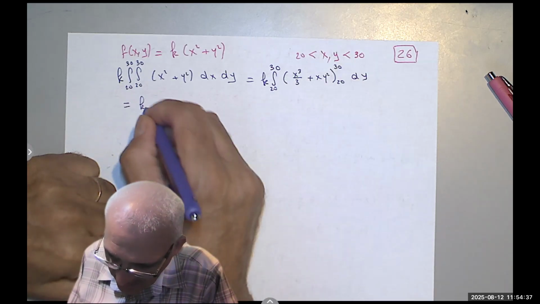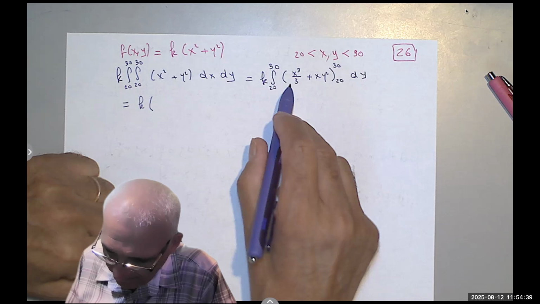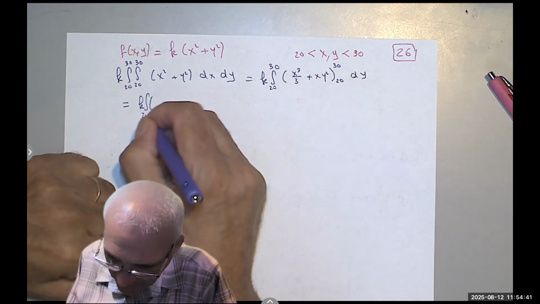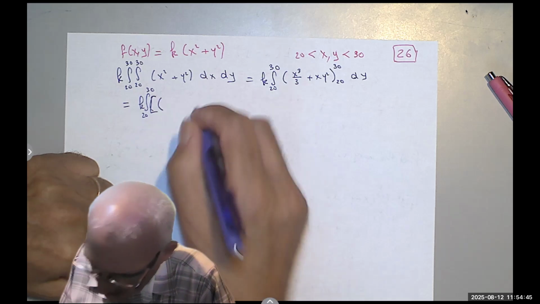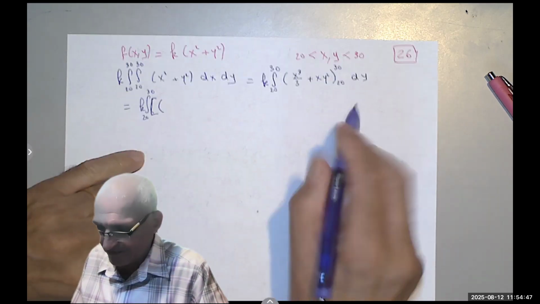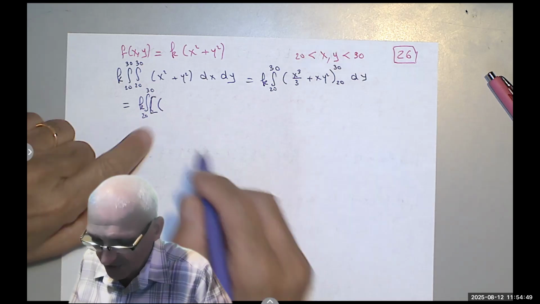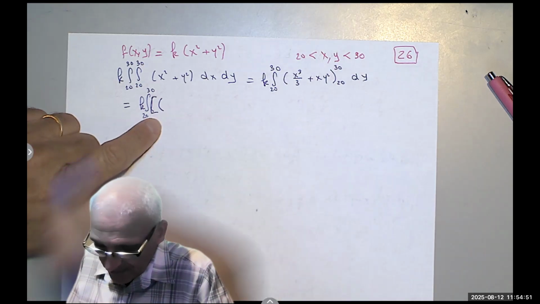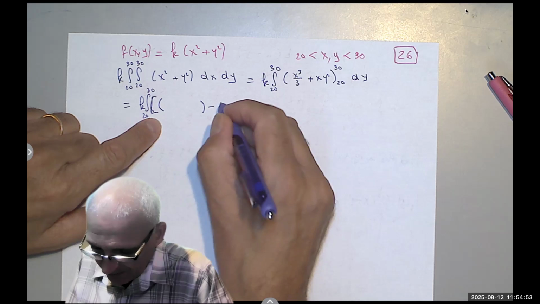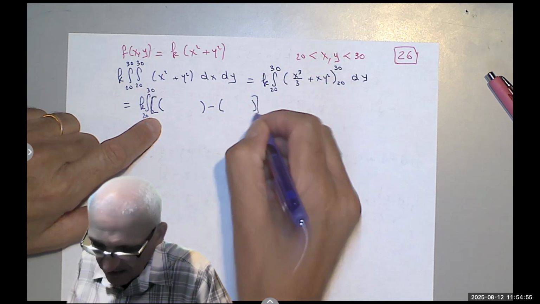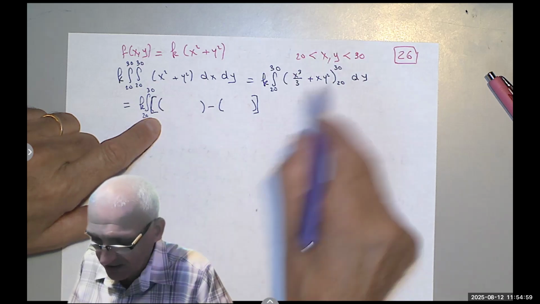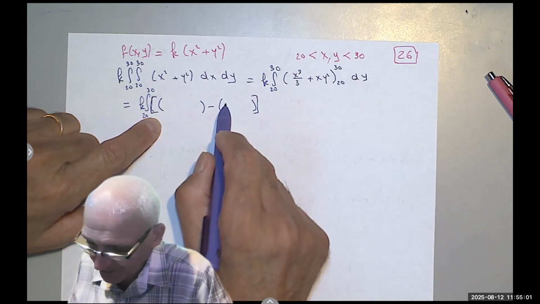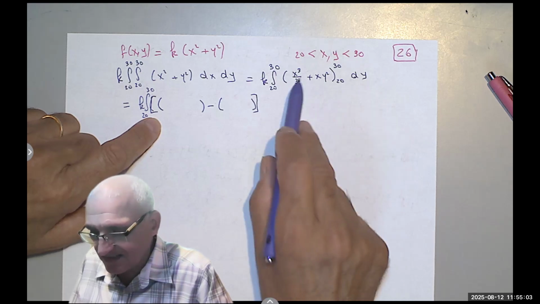That equals k times the integral from 20 to 30 of, and the way I always tell you to do it, if the lower limit doesn't produce 0, is to have two pairs of parentheses with a negative sign between them, because you evaluate at 30 here minus evaluating at 20 here. Notice only the x is 30.